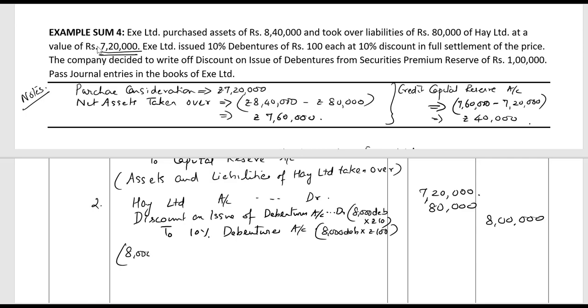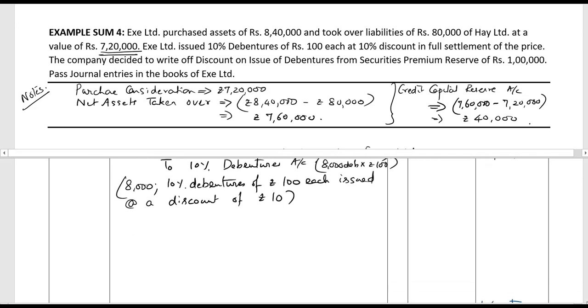Narration: 8,000, 10% debentures of rupees 100 each issued at a discount of rupees 10.